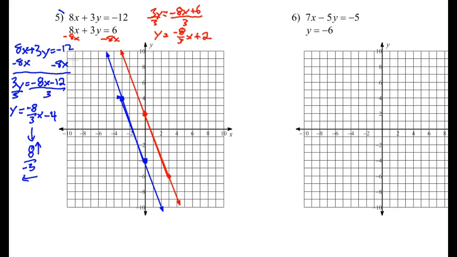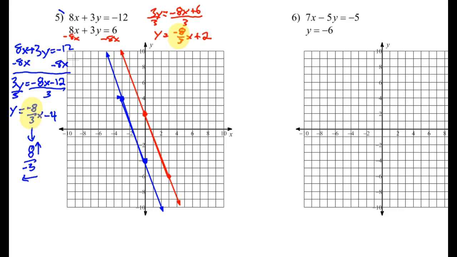And you might be able to pick this up in the beginning: if these slopes are the same, that means they're going to move up and over the same amount. They're never going to run into each other. It's kind of like two cars starting at two different places, going the same exact speed. One's never going to catch up with the other.